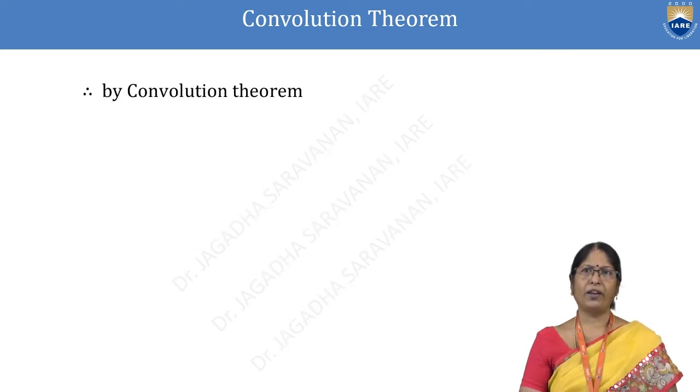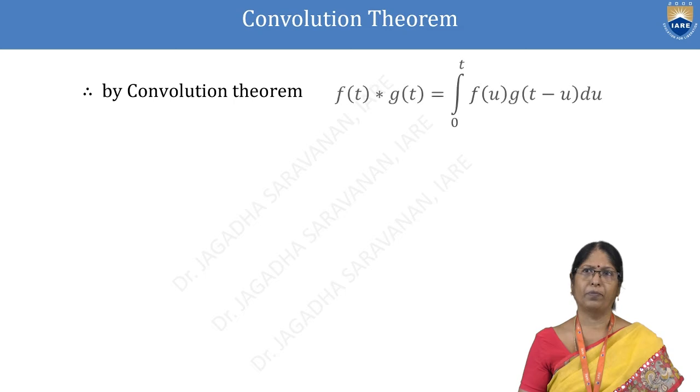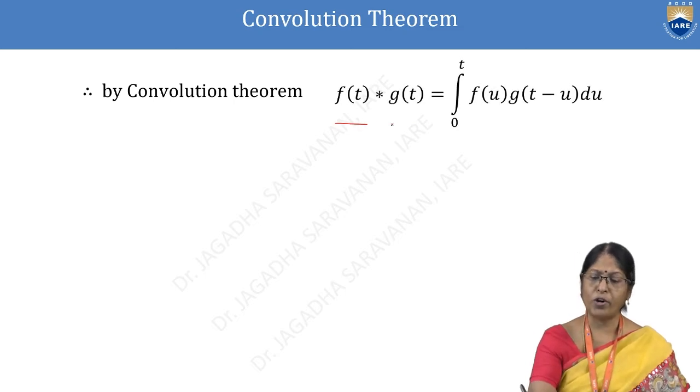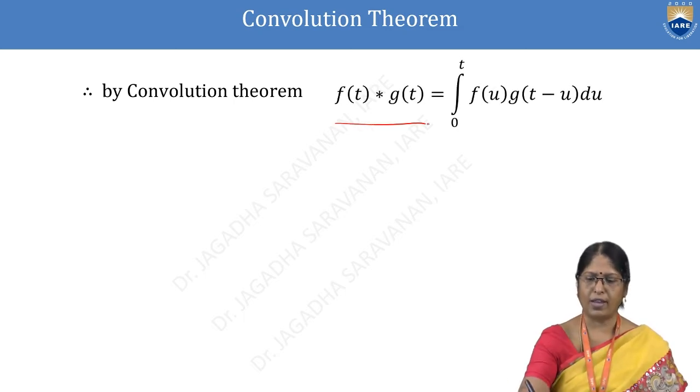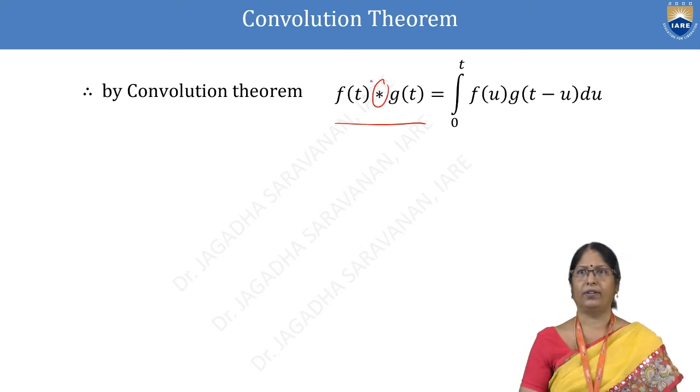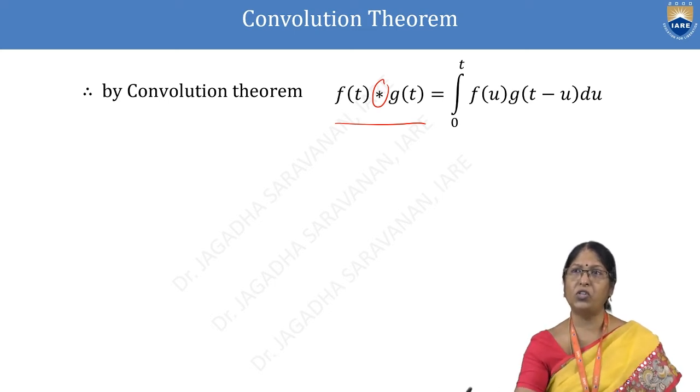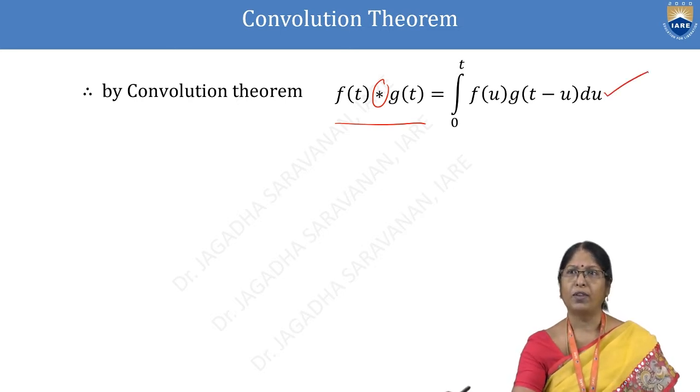So we are going to apply the convolution theorem now. How can we read the star product? The product of f of t and g of t is nothing but the integral of f of u into g of t minus u, with respect to u, from 0 to t.